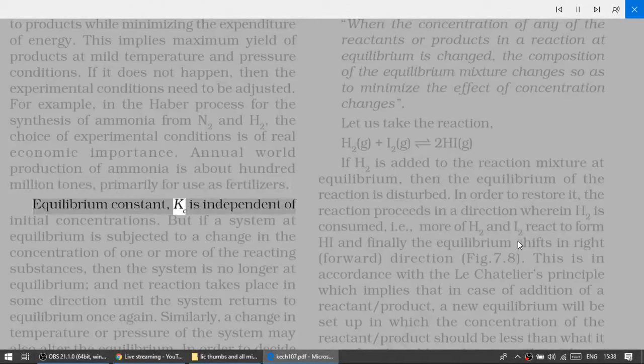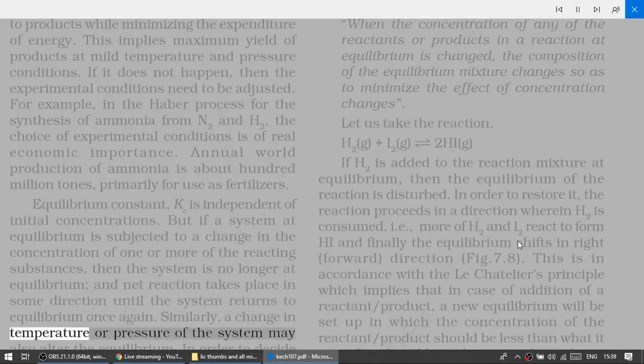Equilibrium constant, Kc, is independent of initial concentrations. But if a system at equilibrium is subjected to a change in the concentration of one or more of the reacting substances, then the system is no longer at equilibrium, and net reaction takes place in some direction until the system returns to equilibrium once again.